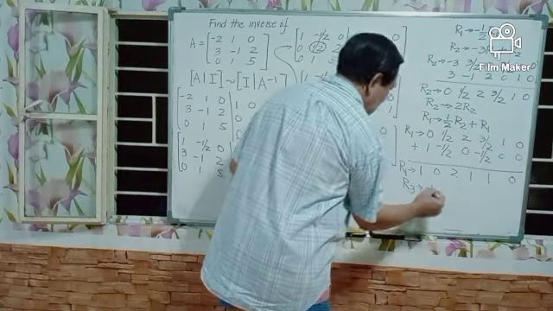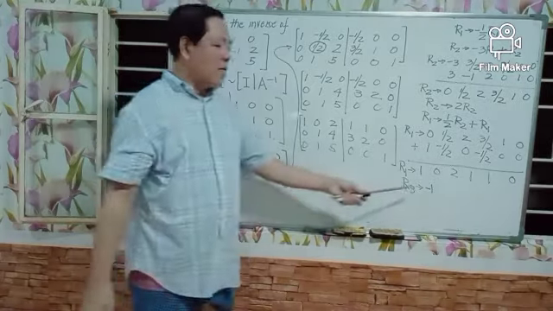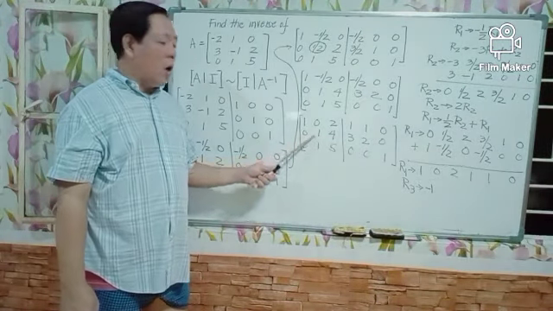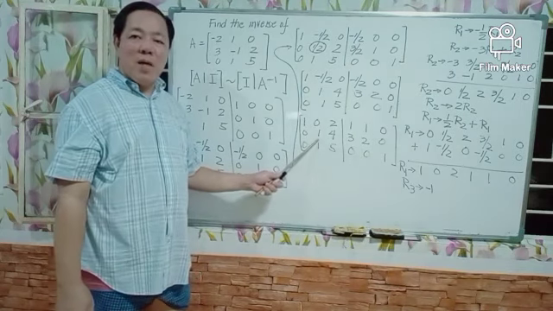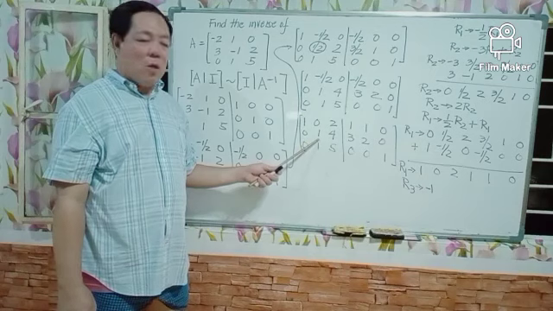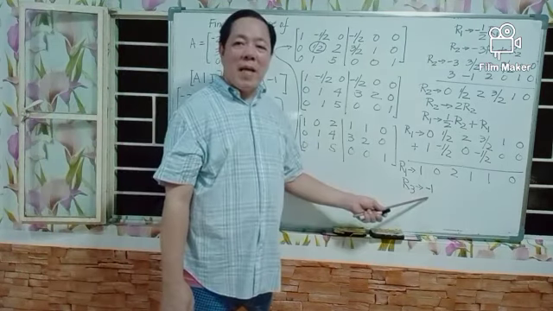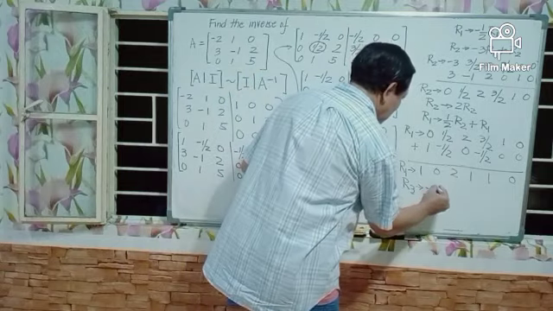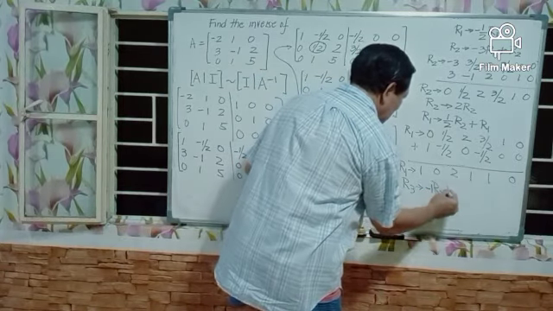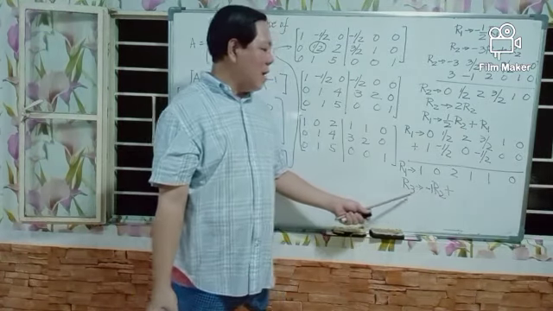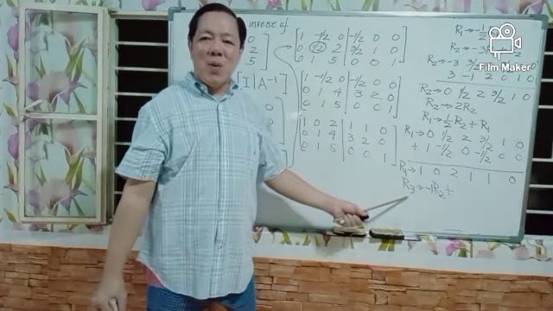And we multiply negative 1 by the row in the second column where we should have 1. And we should have 1 in the second row, second column. Hence, we multiply negative 1 by R2. And to this product, negative 1 multiplied by R2, we add the old entries of row 3.